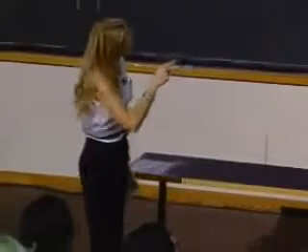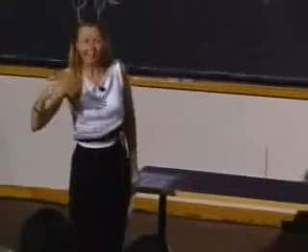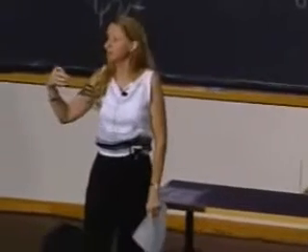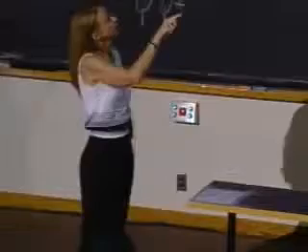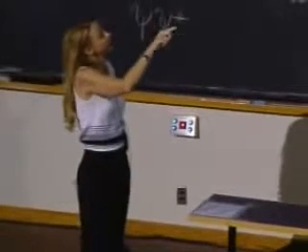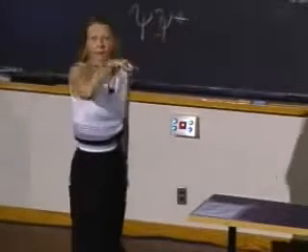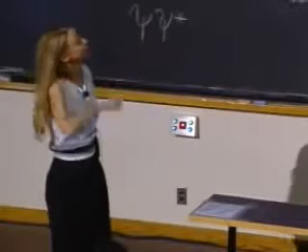Where the dots are most dense, that means the highest probability density. So here's the result for the pz wave function. It's pz because you can see the highest probability here is along the z-axis. It's symmetric along the z-axis.